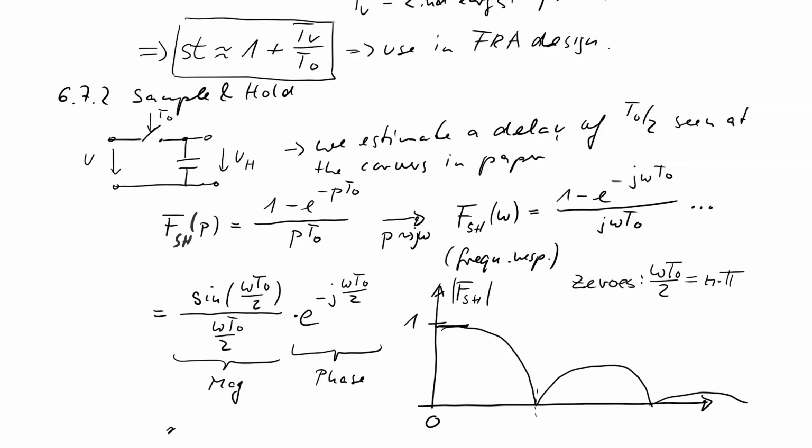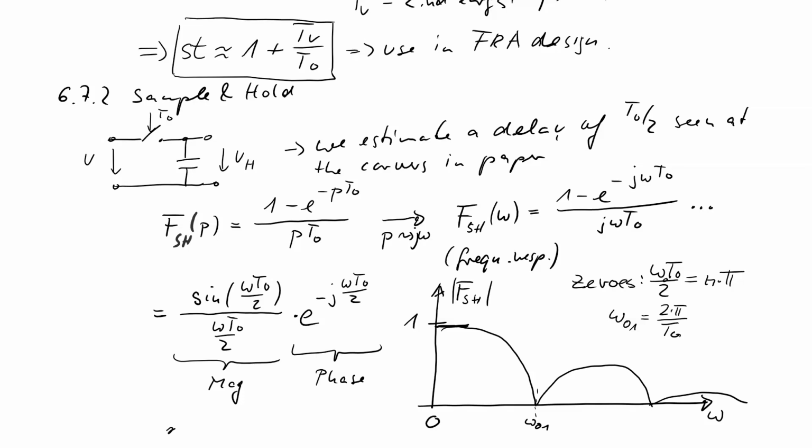And the first zero is n equals 1, so we can calculate omega 01. Omega 01 is 2 times pi divided by sampling time. So this is omega 01.